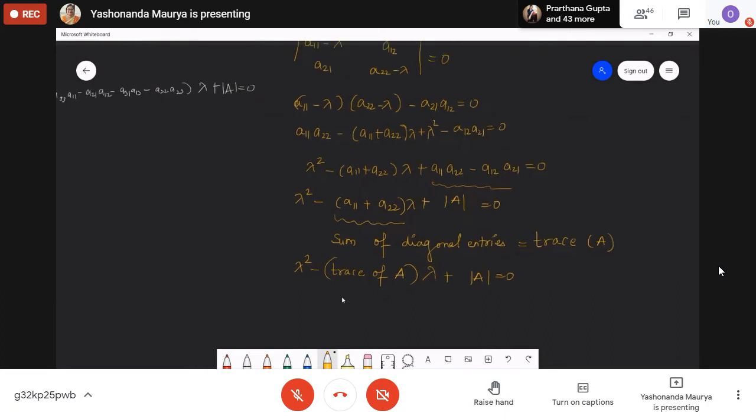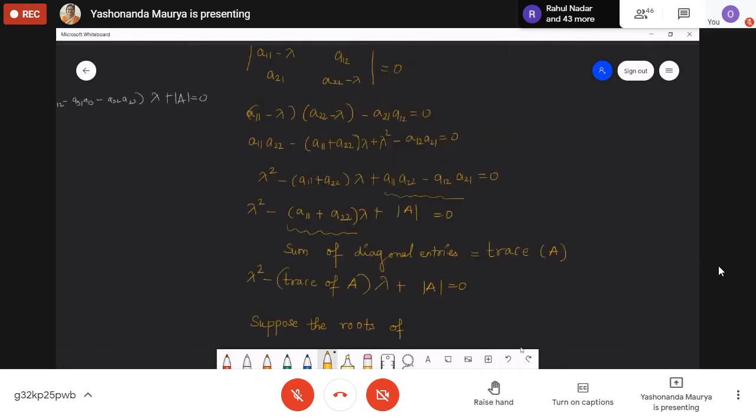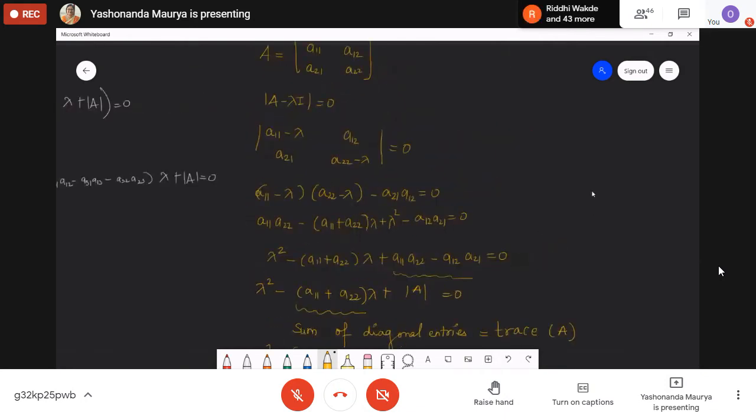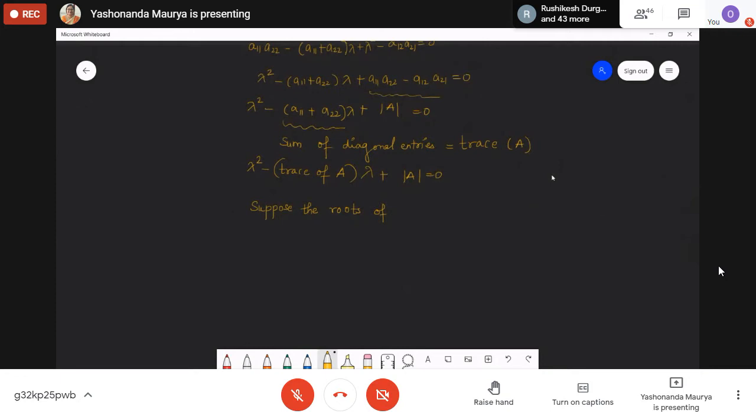One more thing. Let me call this equation 1. Suppose the roots of this characteristic equation 1 are lambda 1 and lambda 2.